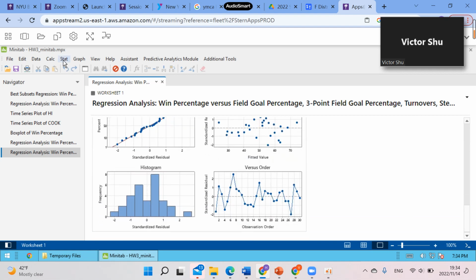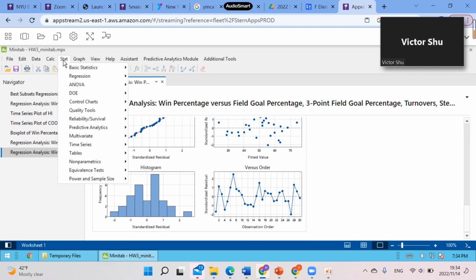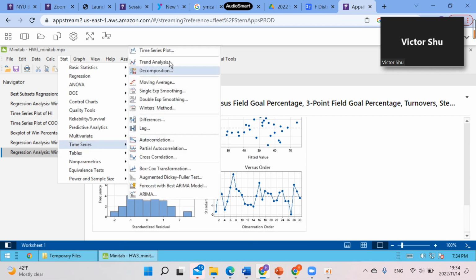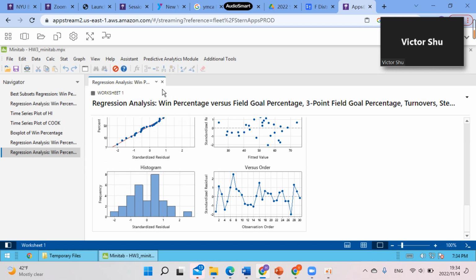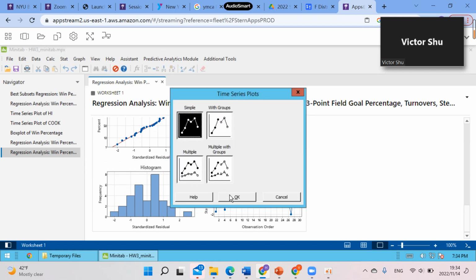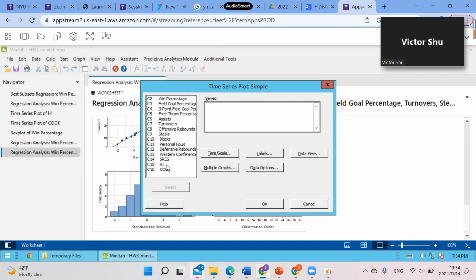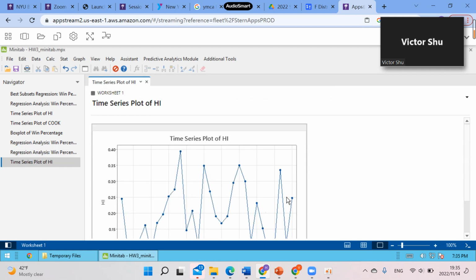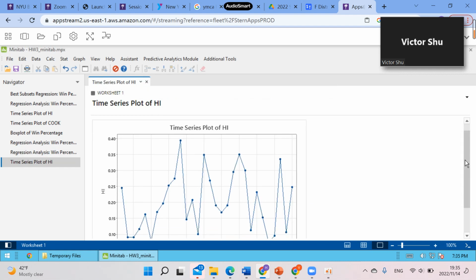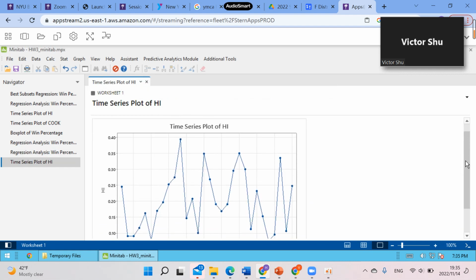But what I can do is I go to stats, time series plots, and I can plot, for example, my leverage against my observation, and this graph comes up. There's actually a hypothesis test, because for example, this point has a very high leverage.